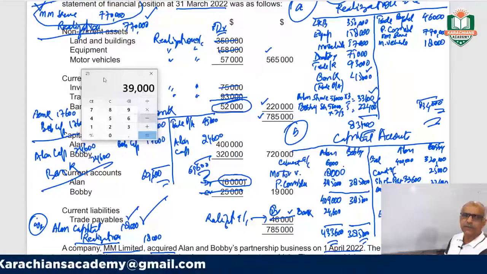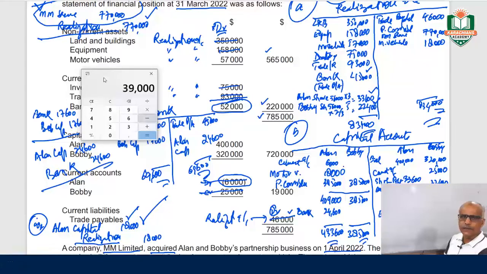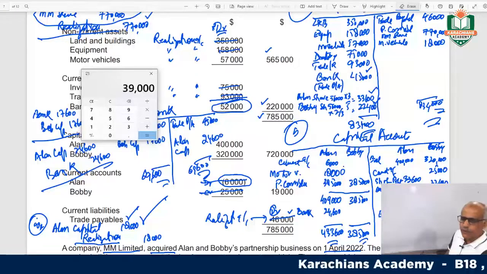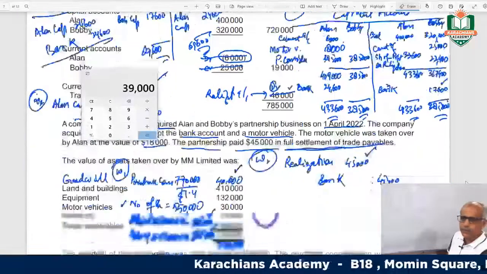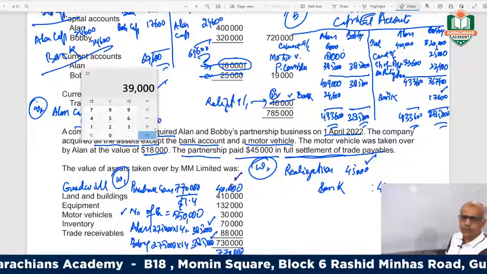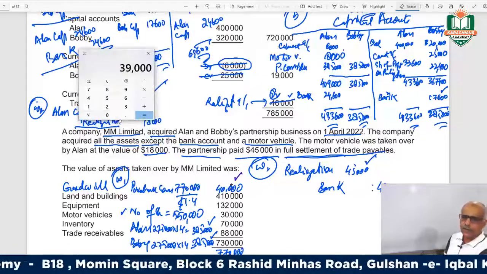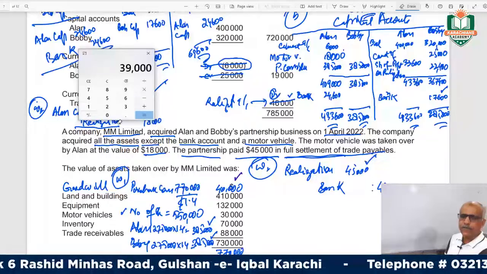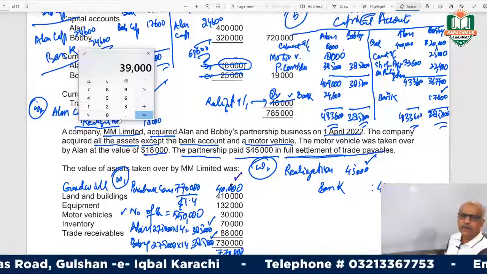This 39,000 vehicle was taken over by the Limited when it acquired the partnership. The company acquired all assets except the bank account and one motor vehicle.